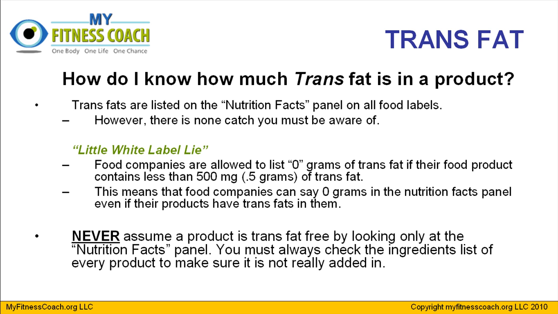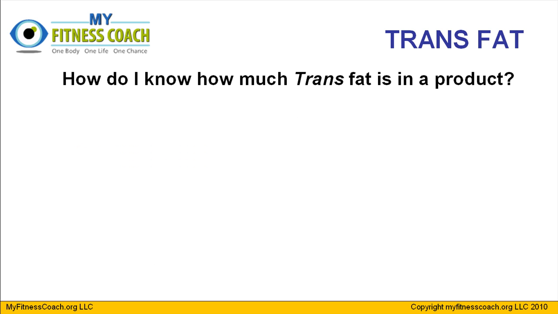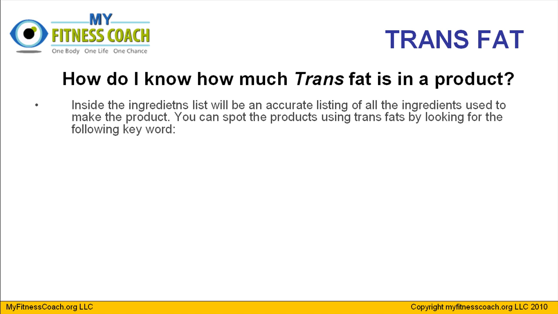So you need to never, ever, ever assume a product is trans fat free by simply looking only at the nutrition facts panel. You must always check the ingredients list of every food product to make sure that it's really not added in. Inside the ingredients list will be an accurate listing of all the ingredients used to make the product.